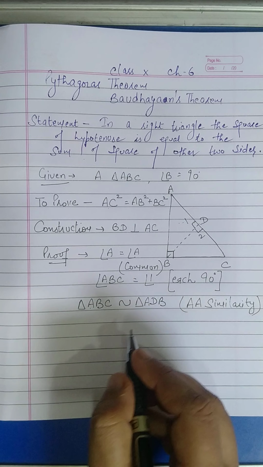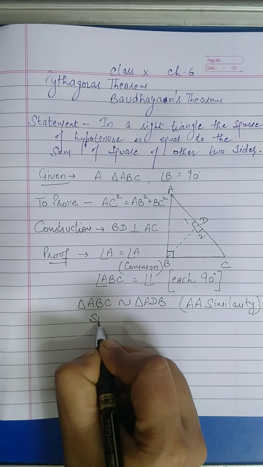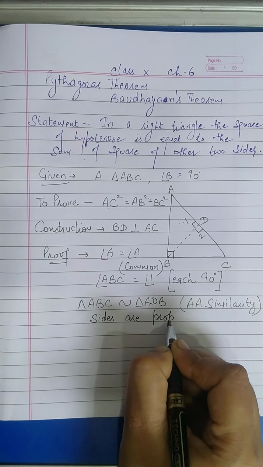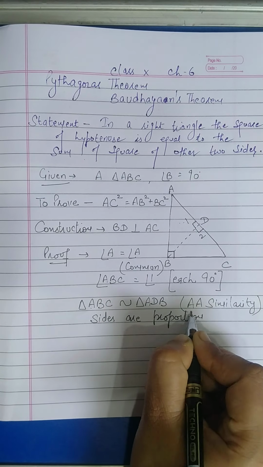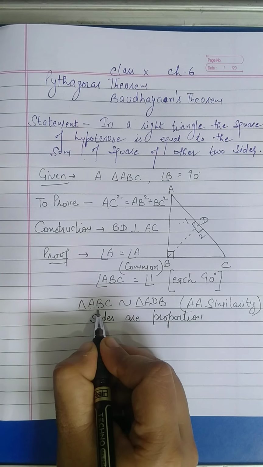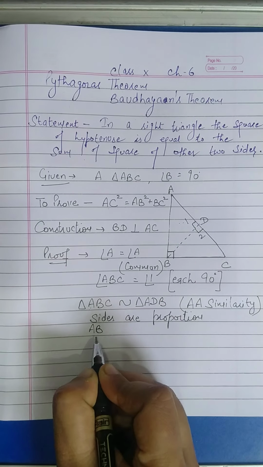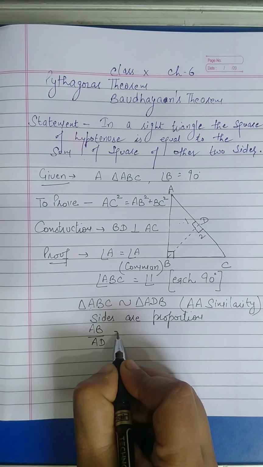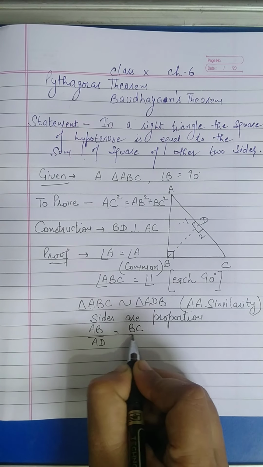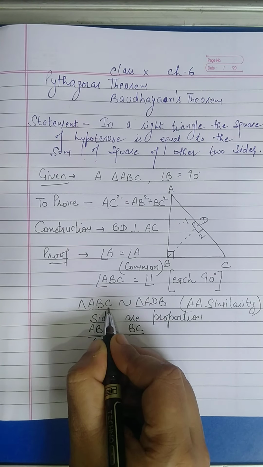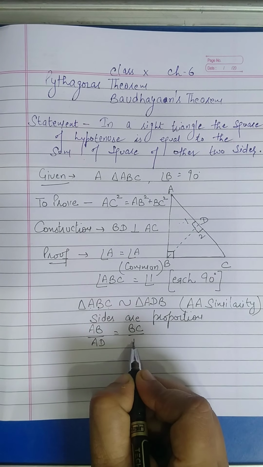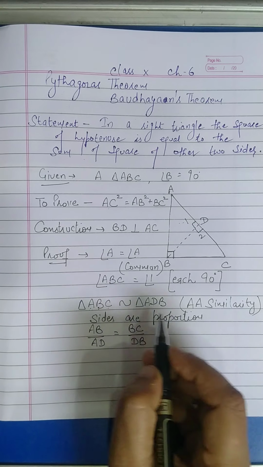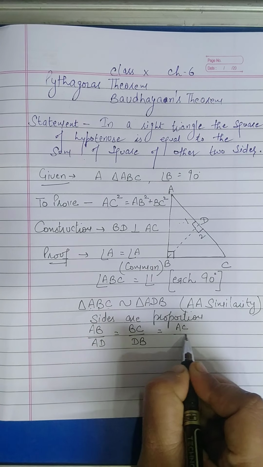Now if two triangles are similar, we can say sides are proportional. AB upon AD, first two upon first two, is equal to BC, the corresponding side of BC is DB, and corresponding side of AC is equal to AB.